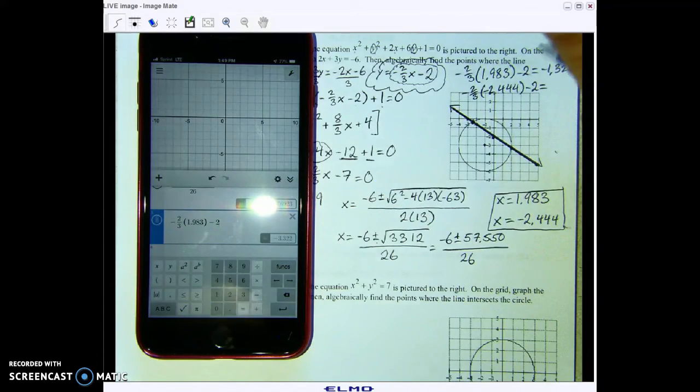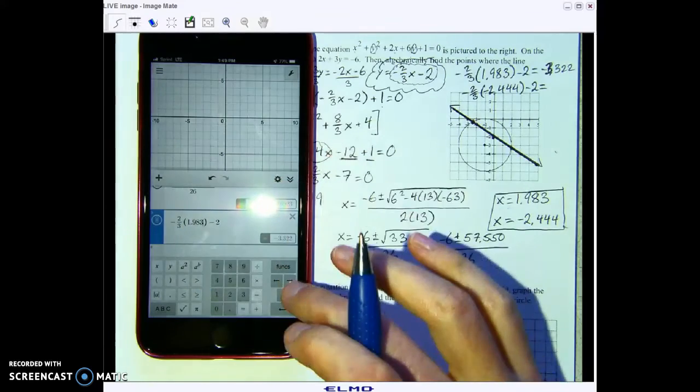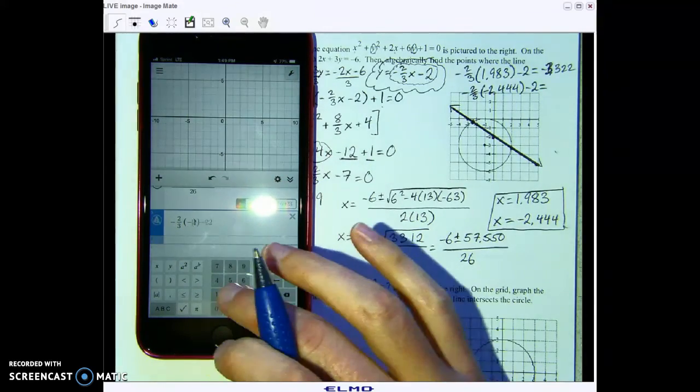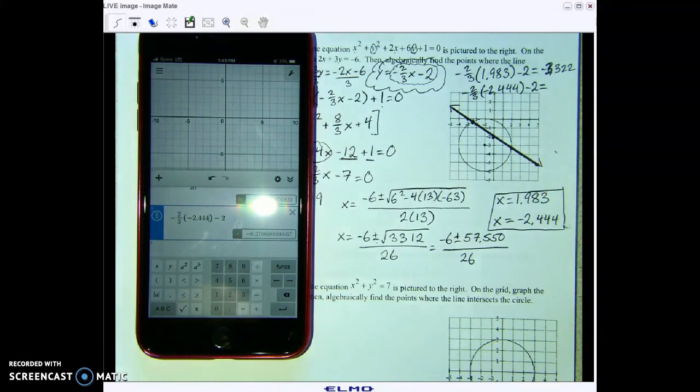That should be -3.322. My apologies. -3.322 there. And then if I replace that 1.983 with -2.444, I get -0.370. All right, so those are my y values.